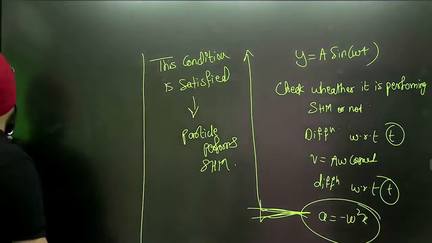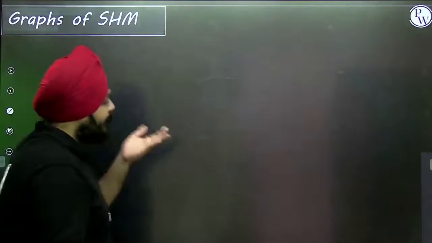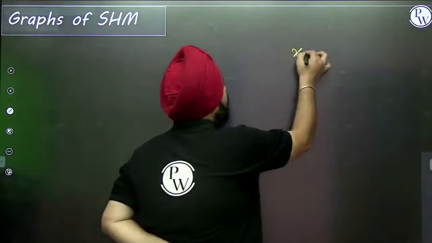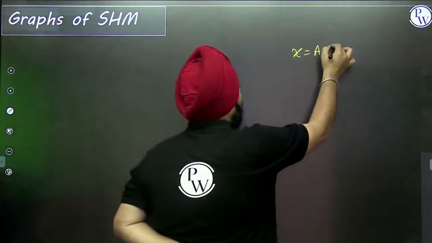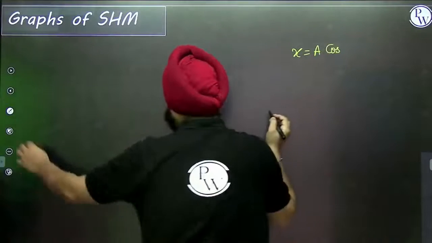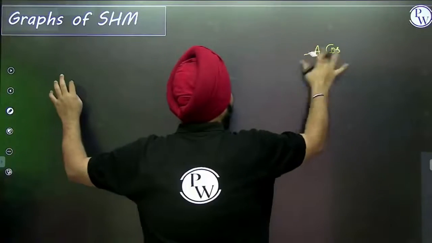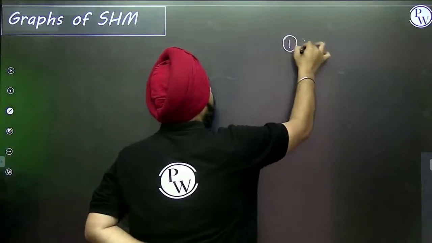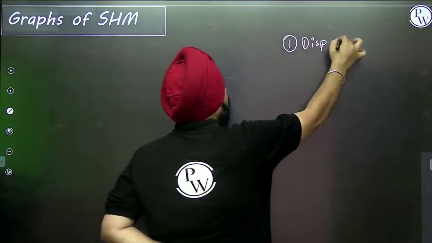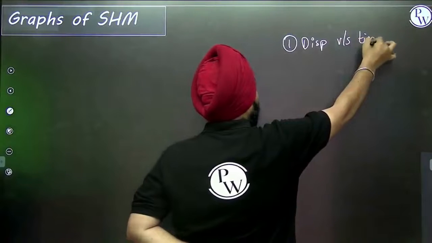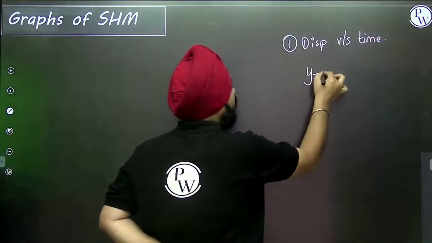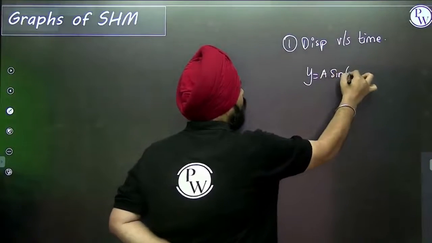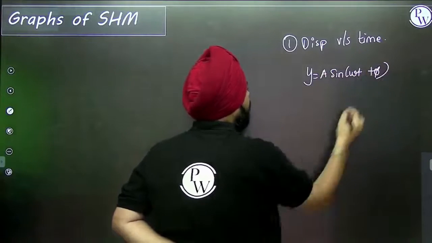Now graphs of SHM. Suppose you want to represent the first graph, that is the displacement versus time graph. We are going to see lots of graphs. Y is equal to A sine of omega t plus phi.